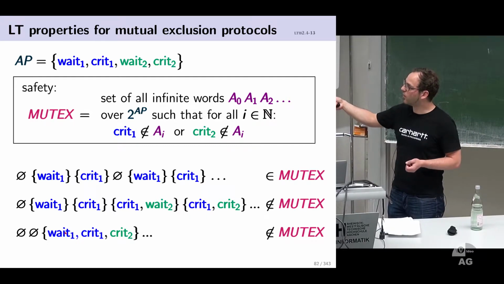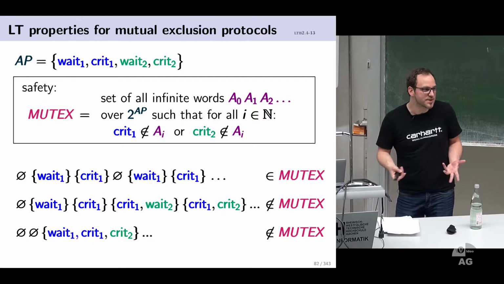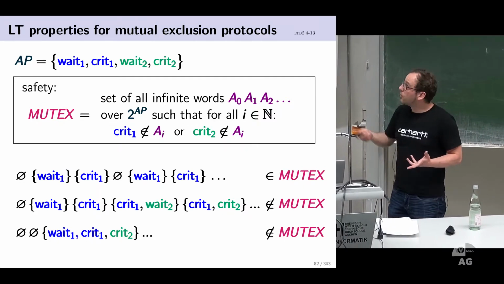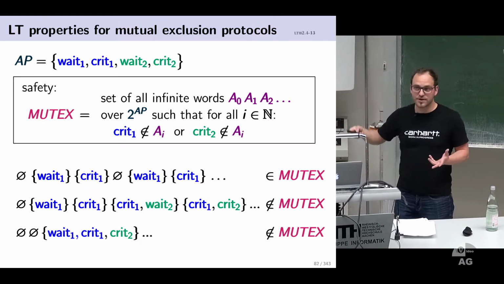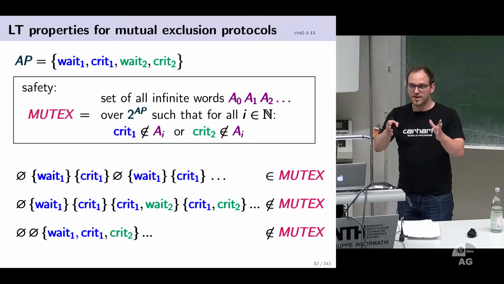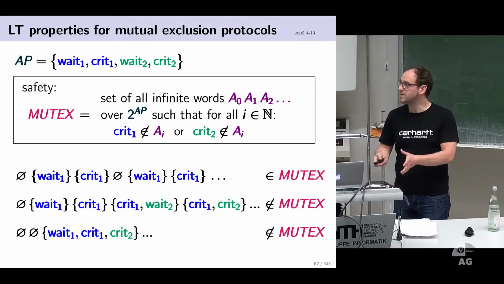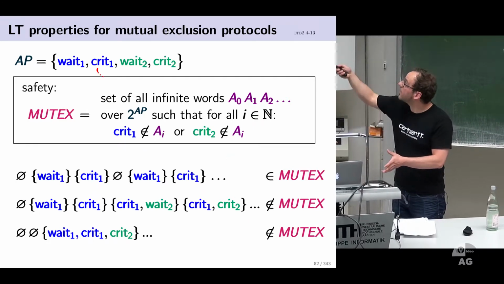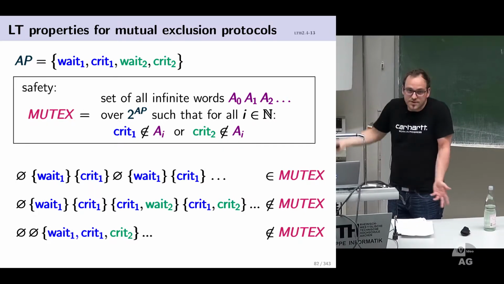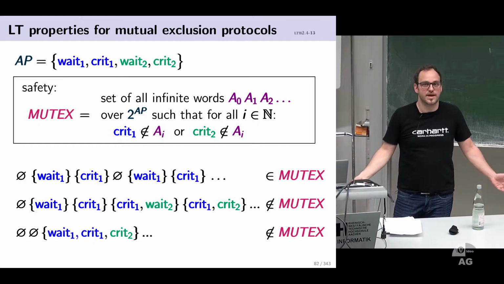How can process 1 be waiting and in its critical section? That somehow doesn't make sense. But the property that we defined here doesn't care about a transition system. It just says, what are the infinite words contained in this property? And this word satisfies the property that we wrote up here. So it is contained in the mutex property. Simple as that.